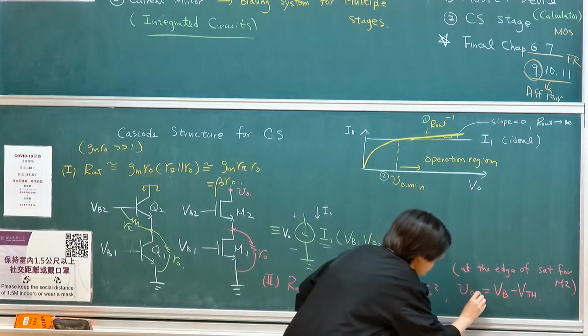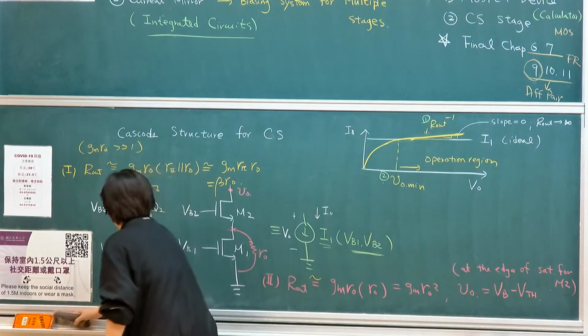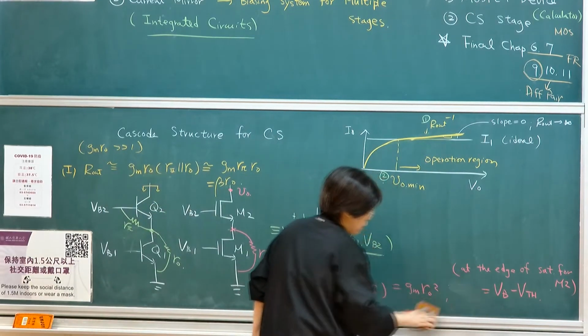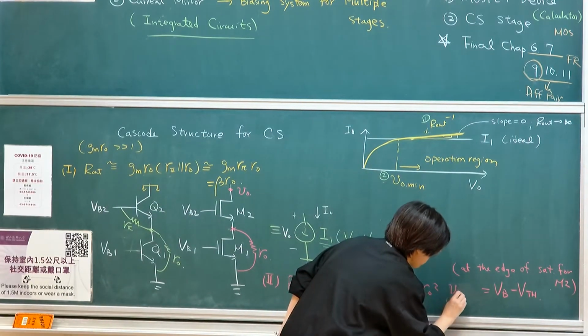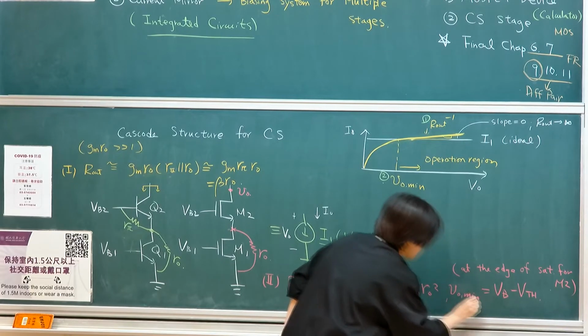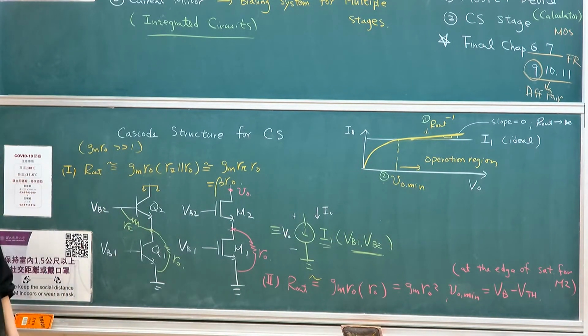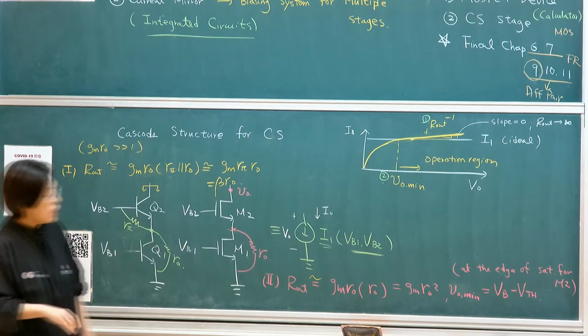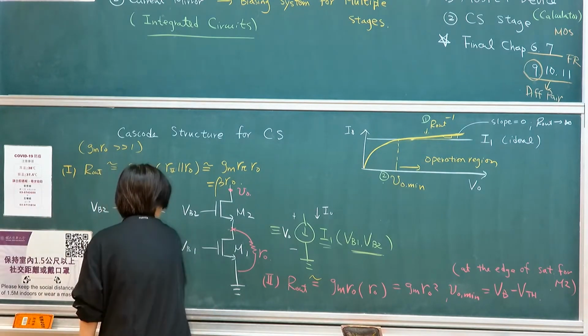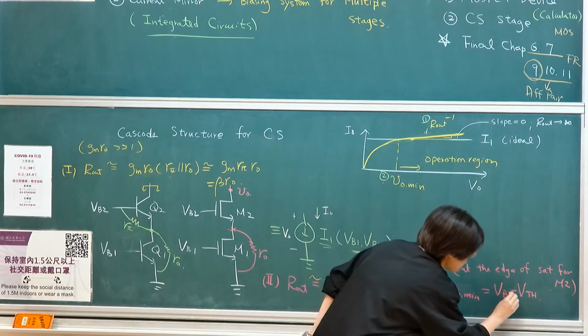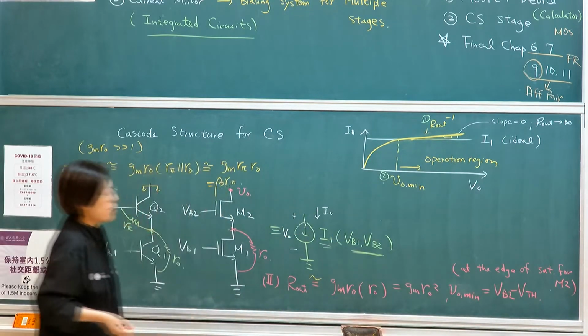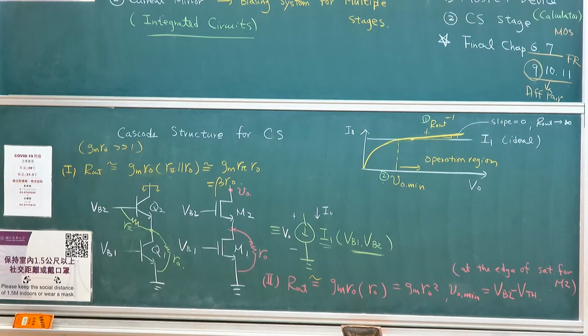So this is VO minimum. I should be clear on this. So its operation range is another important thing. Yes, VB2, sorry. It's supposed to be VB2. Yes, correct. It's VB2. Thank you.